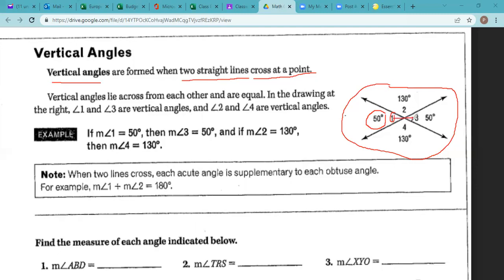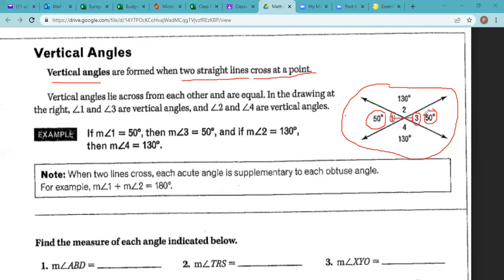Let's say you've got a friend that lives over here, catty-cornered. For angle 3, it has to be the same number. So if angle 1 is 50 degrees, angle 3 needs to also be 50 degrees. So now you have the answer for 2 of the 4 angles.